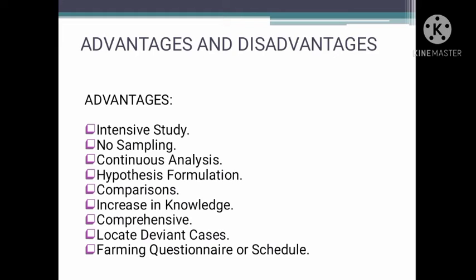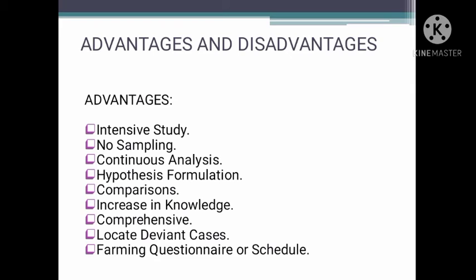The third is continuous analysis. It is valuable in analyzing continuously the life of a social unit to dig out the facts. The fourth is hypothesis formulation. This method is useful for formulation of hypotheses for further study. The fifth is comparisons.